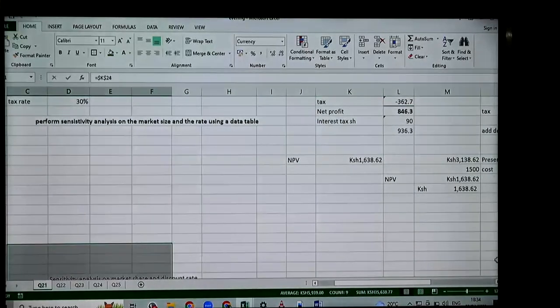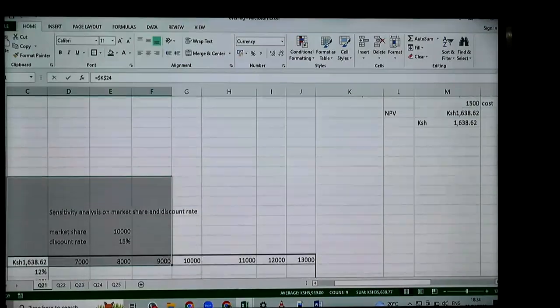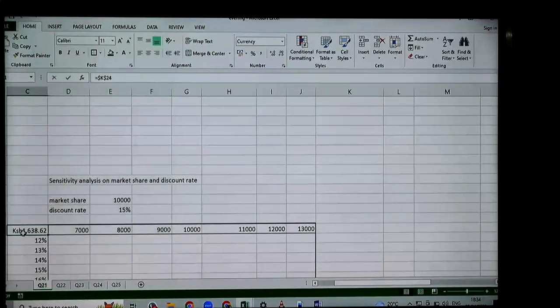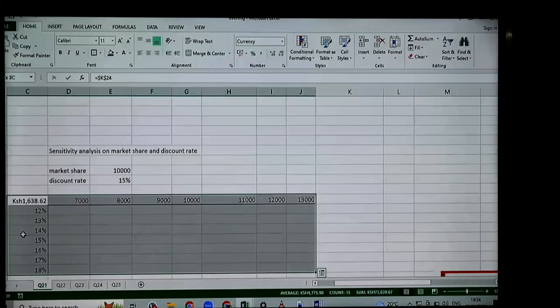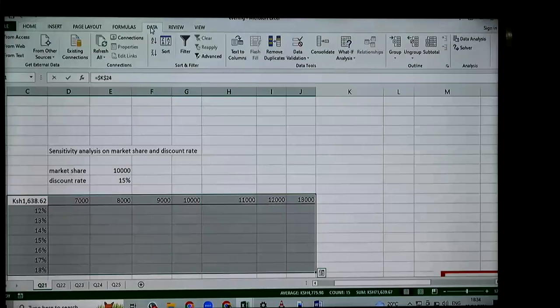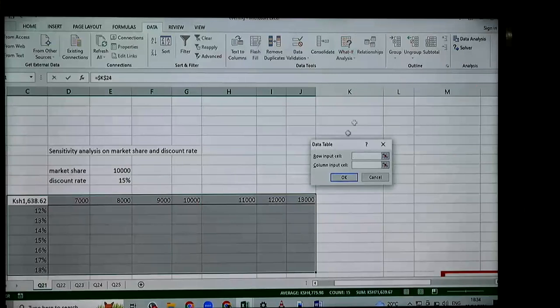I'll come here. Then I'll select the whole data this way. Then after selecting the data, I'll go to Data, then What-If Analysis, then Data Table. For the row input, you have to input the main input, not this one here.